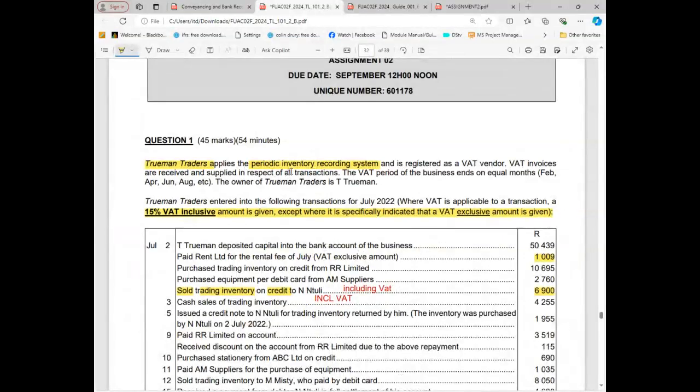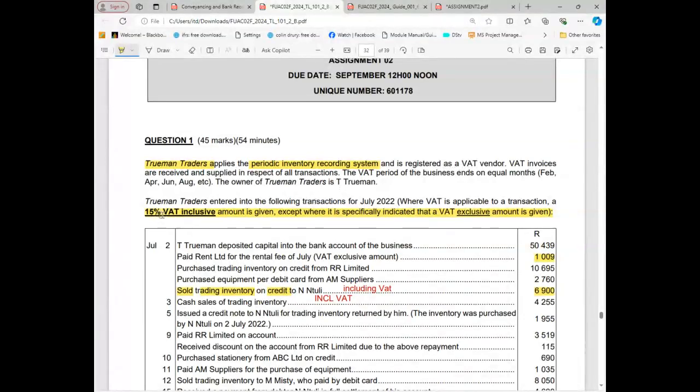Remember, the reason why I explained the systems is because I wanted us not to memorize when we see the system. Just imagine if you've never heard anything about the periodic inventory system, and they just say periodic, it doesn't make sense. Now, let's continue. They say it's a registered VAT vendor. It means that's why they give us this 15%.